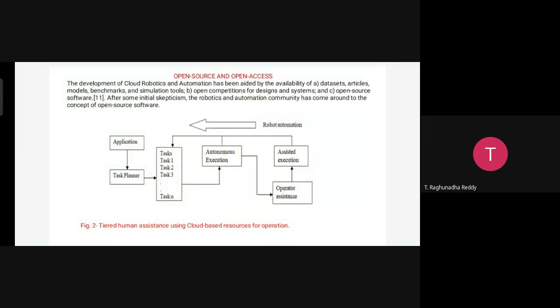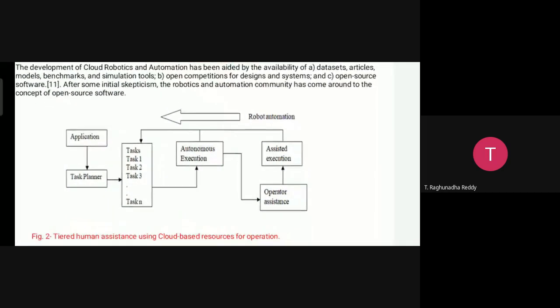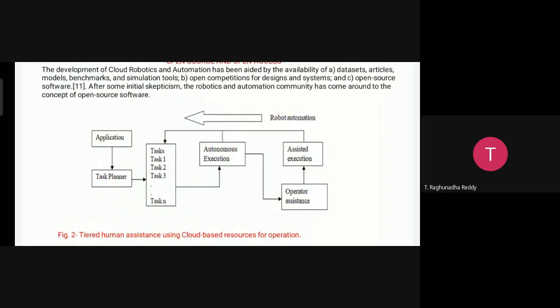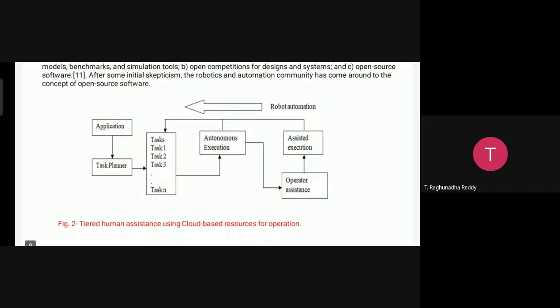Here I have also taken one of the things they use, an open source and open access system. In this diagram, it is clearly explained, simply for our understanding. Robotic automation, how it works: first of all, we need to have a task. We need to plan a task and assign it to the robot, whatever task it should do, and give the time for the execution.